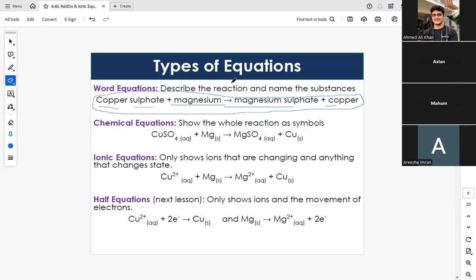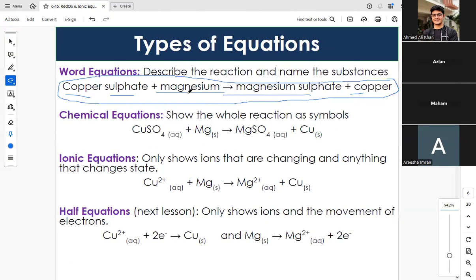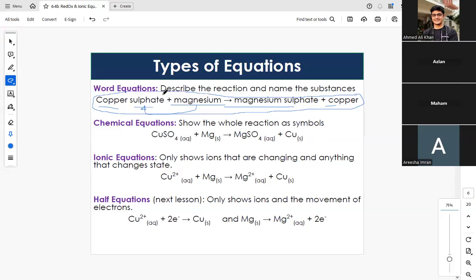Copper and magnesium bonded, magnesium sulfate. Yes, but the thing is that magnesium displaced copper from copper sulfate. It stole sulfate from copper, formed magnesium sulfate, and pushed copper away. This is known as a displacement reaction.